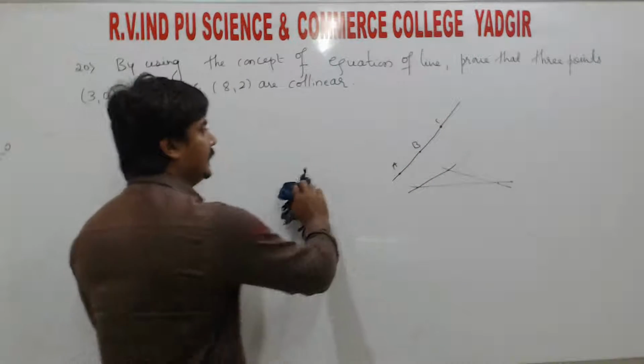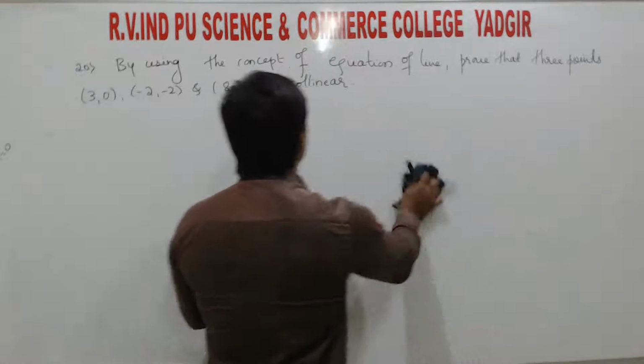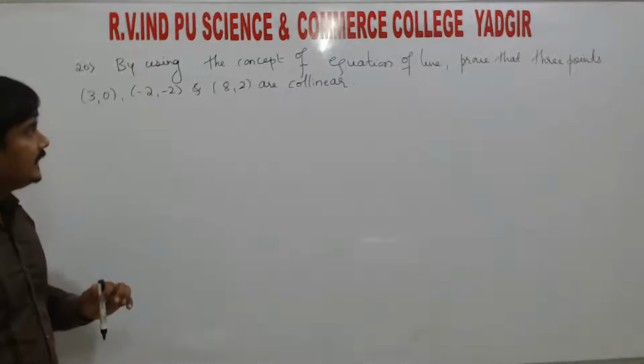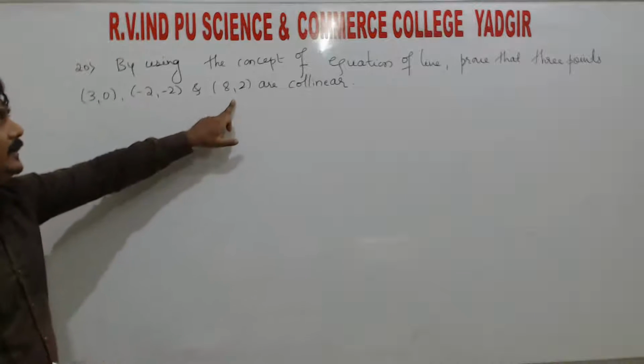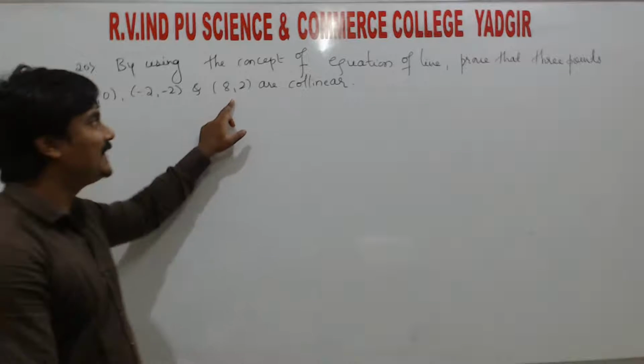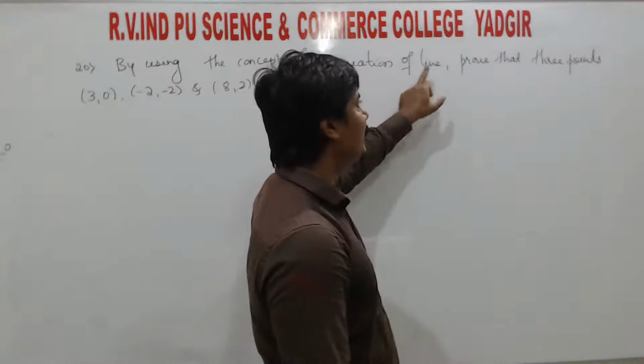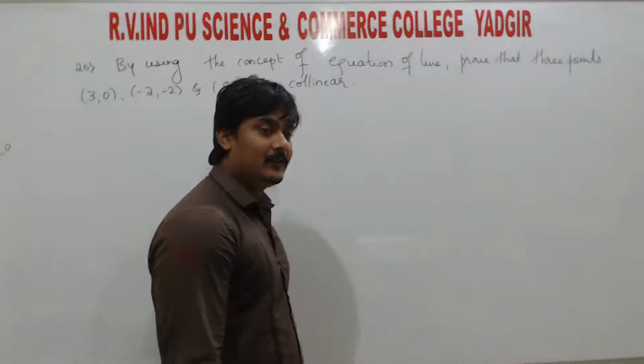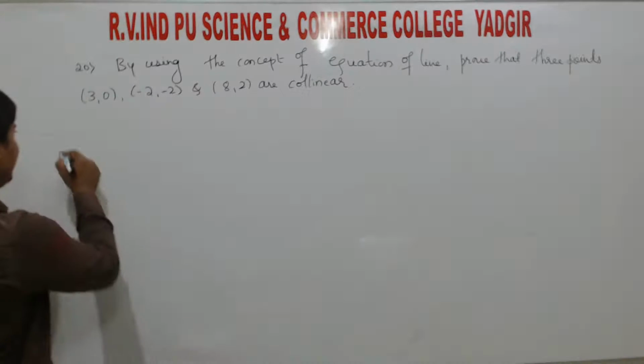Okay. So now here I need to prove that these 3 given points are collinear. Using which concept, children? Using the concept of equation of line. So I will write what it means. Keenly observe.